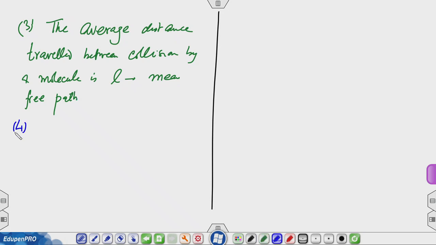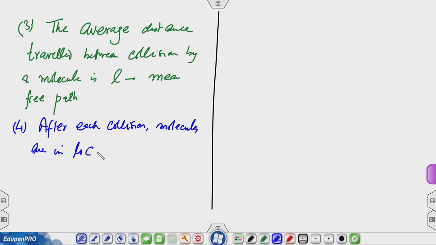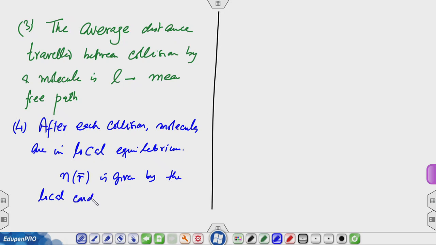Four, after each collision, molecules are in local equilibrium. That means the density at that point is given by the local conditions.